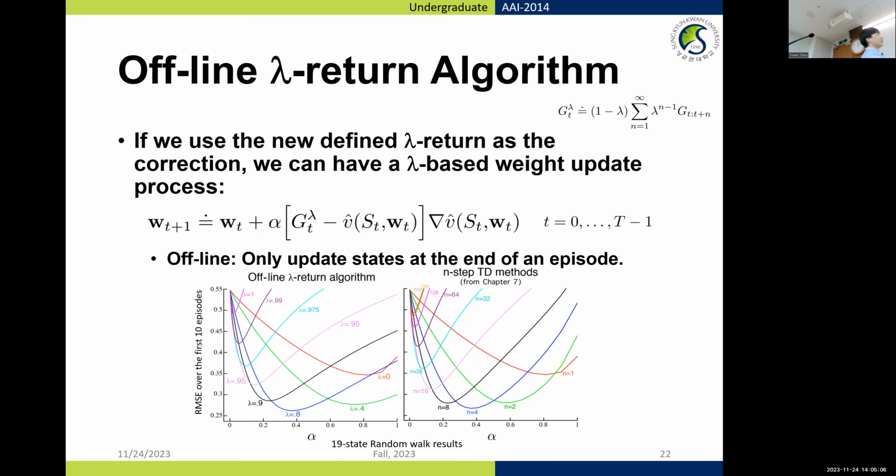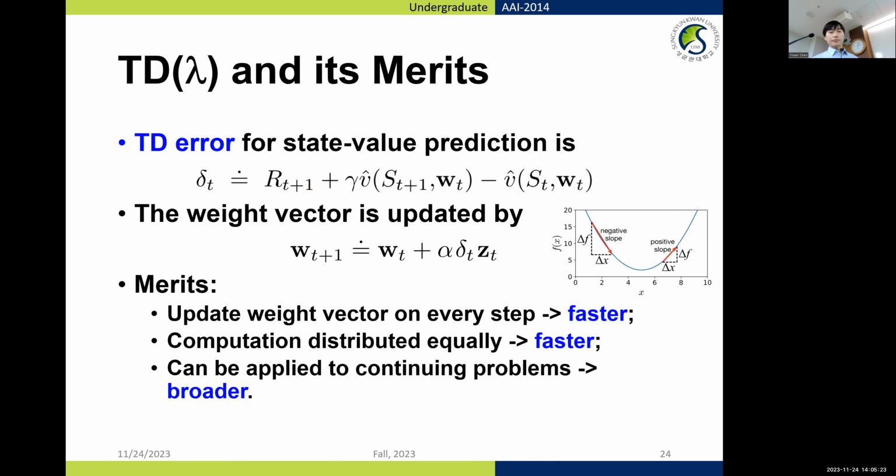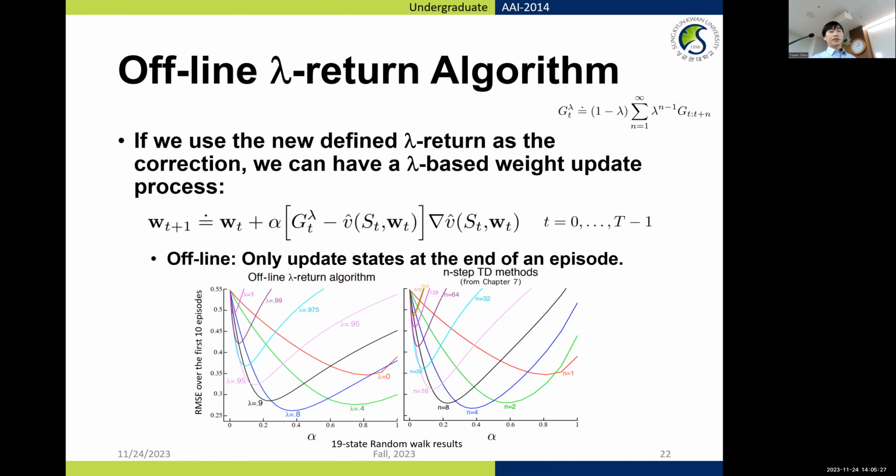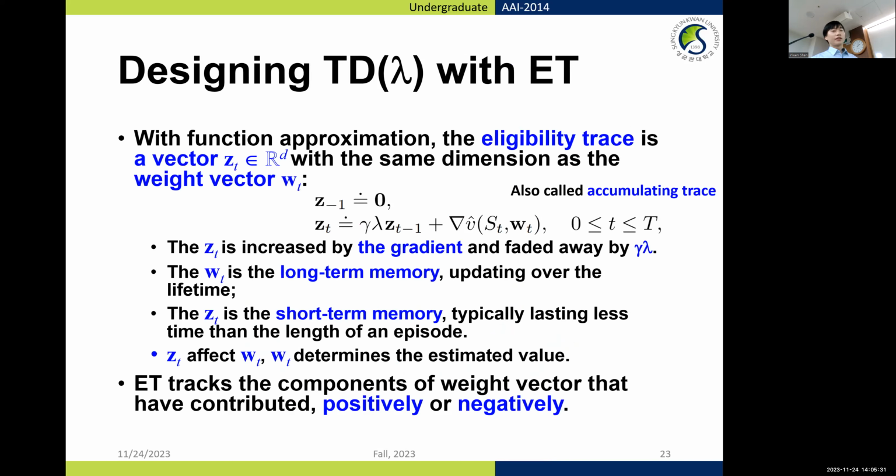So we call it offline. It's like the MC method: we can only update at the end of the terminal state. We will look at this algorithm again later.